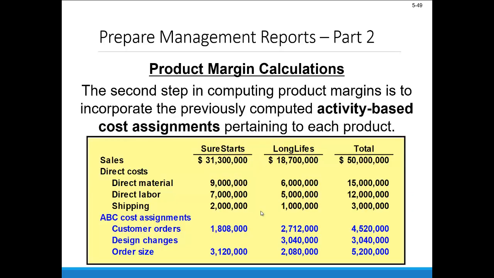Next up, we would want to incorporate all of our cost assignments from our ABC system, bringing those forward at the bottom here from our previous calculations. Customer orders for both, the design changes for the Long Lives, and then the order size activity cost pool data for both the Sure Start and Long Life as well.